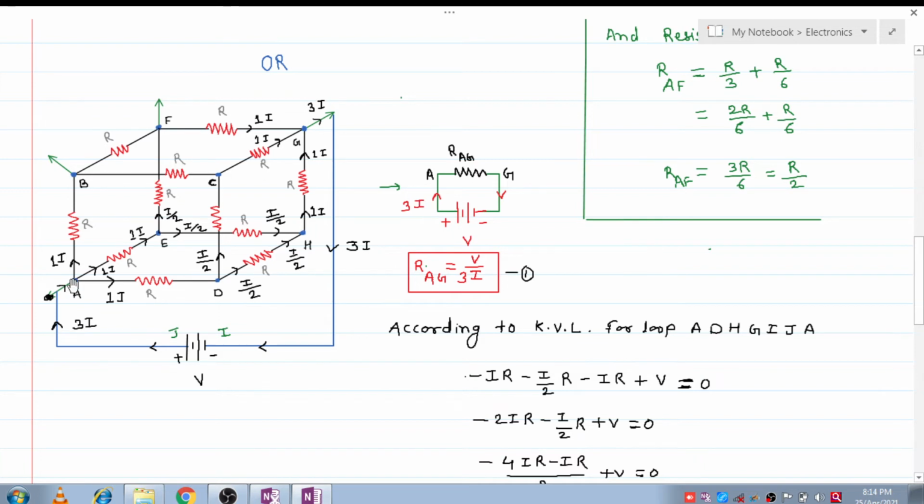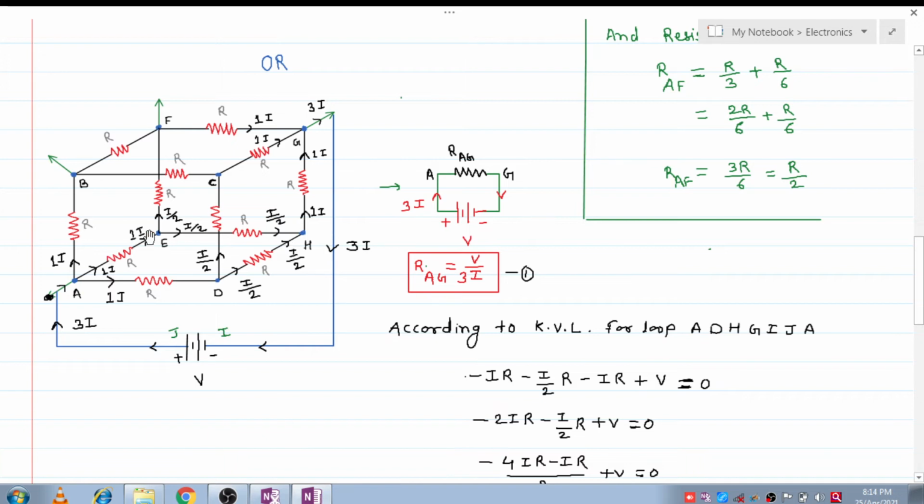According to Kirchhoff's current law, this 3I current is divided into these three parts. So this current we have considered as I, this is I, this is I. This current coming on this side, this I current, is divided into two parts, that is I by 2, and again this current coming here is I by 2.